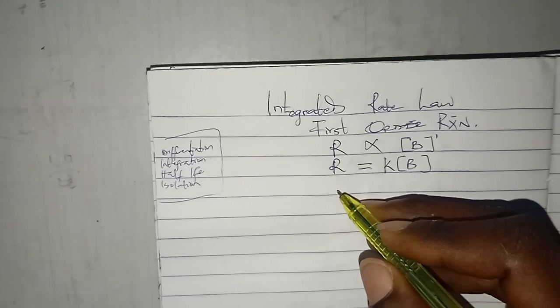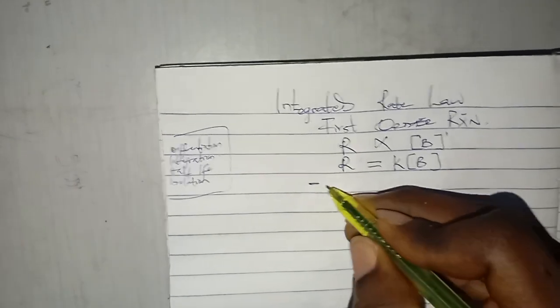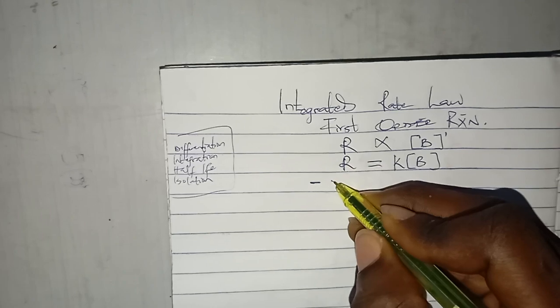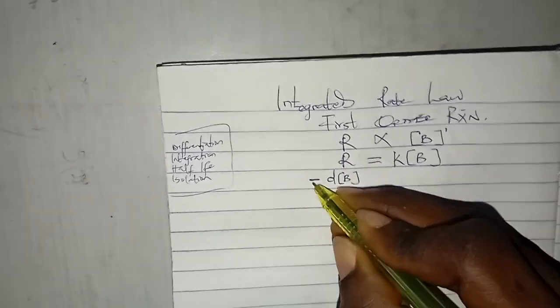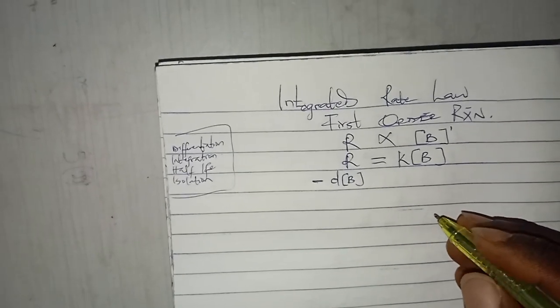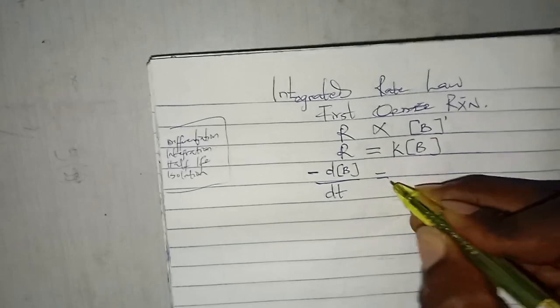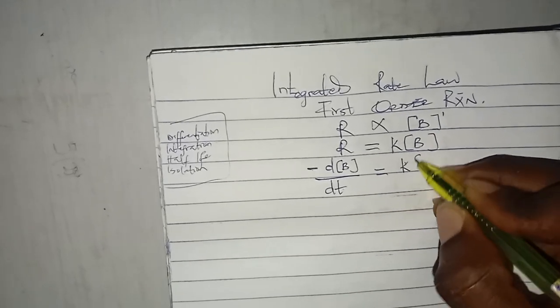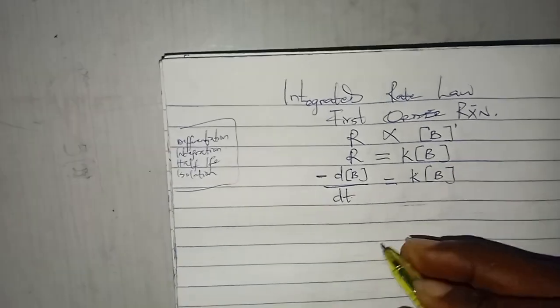We also say that rate of reaction is the speed of disappearance of concentration, so that is why I have this negative sign. We normally use the change in concentration of reactant over change in time, and this equals the principle which says that rate is directly proportional to concentration.